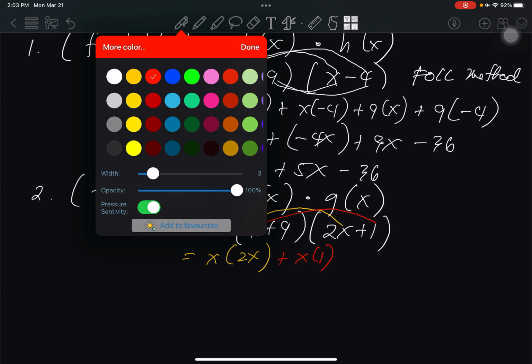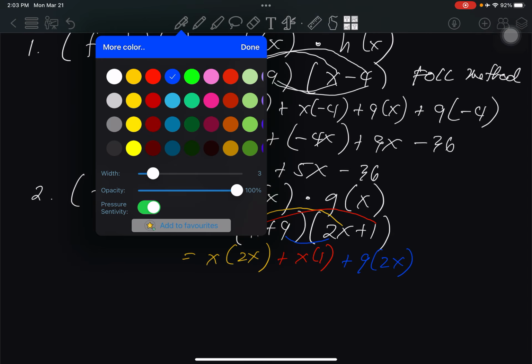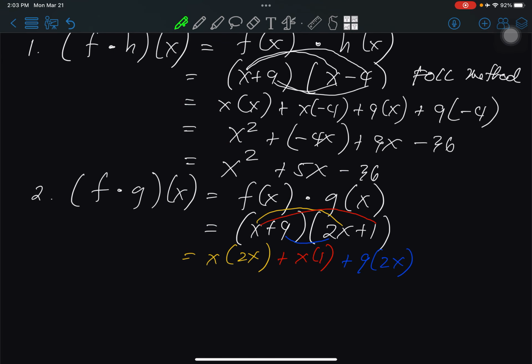Then next would be your inner terms. Let us use blue. So we have 9 times 2x, so plus 9 times 2x. Then next, let's use green. We have 9 multiplied to your 1. So these are the last terms. So we have plus 9 times 1.